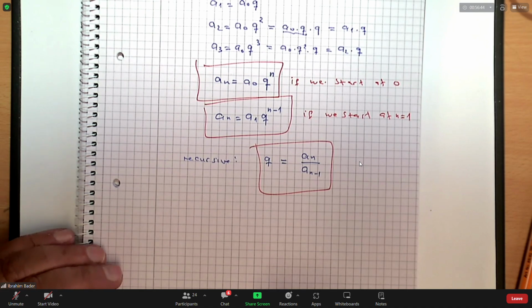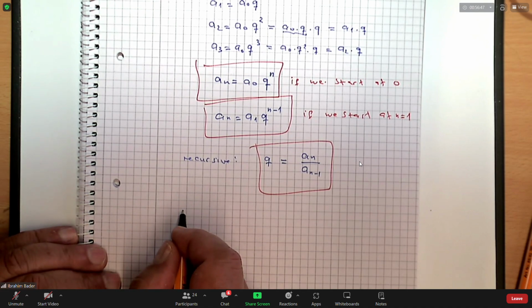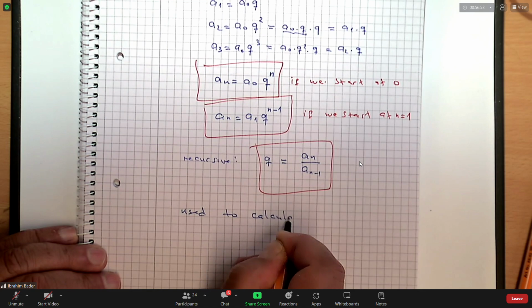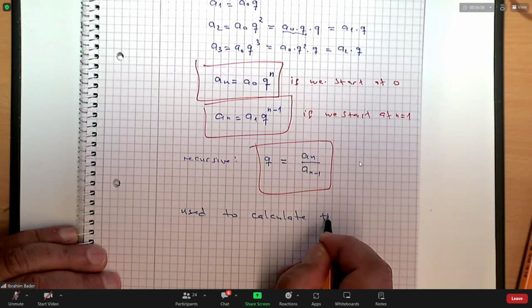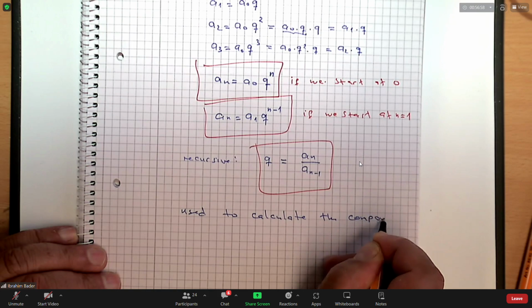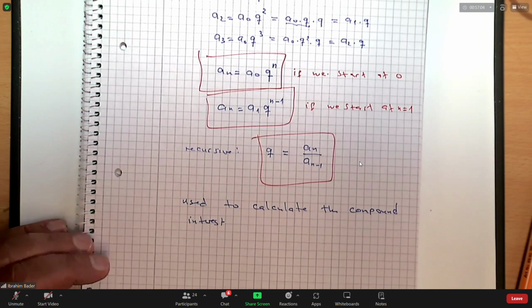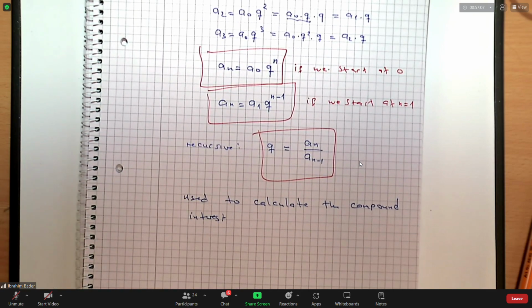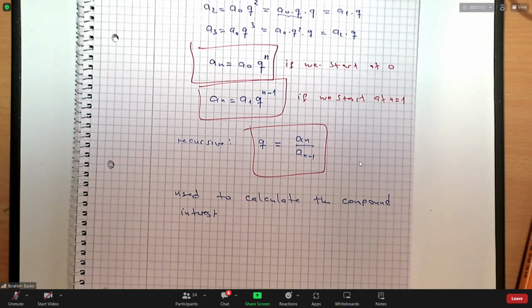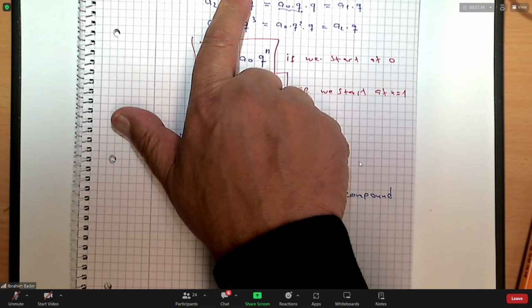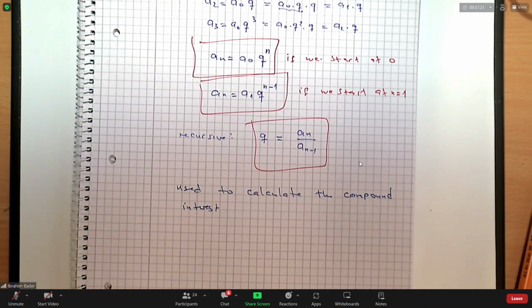And this formula in financing is used to calculate the so-called compound interest. The difference with compound interest, as you see here, just imagine you are investing again 10,000 euros at 2% for 5 years.